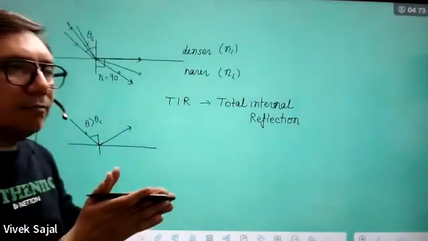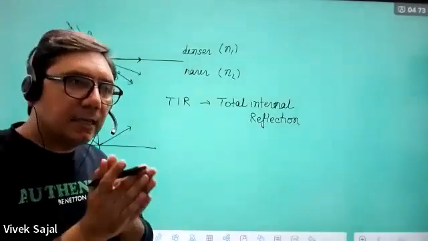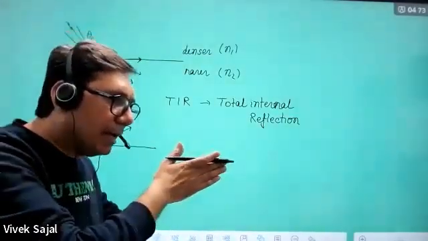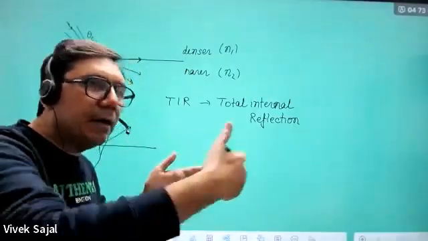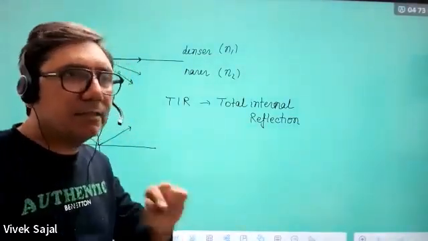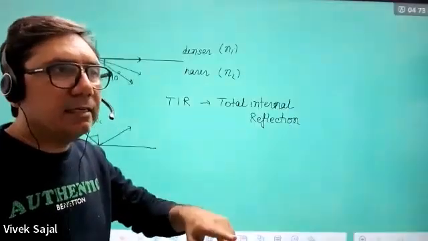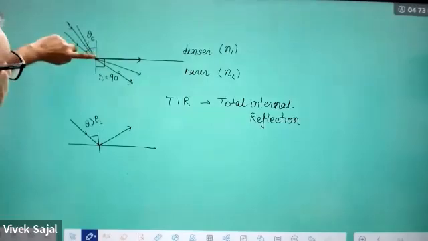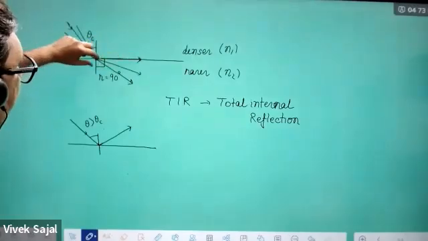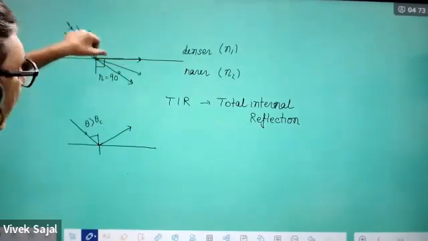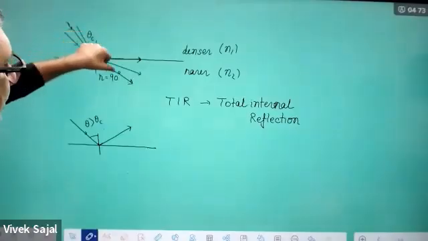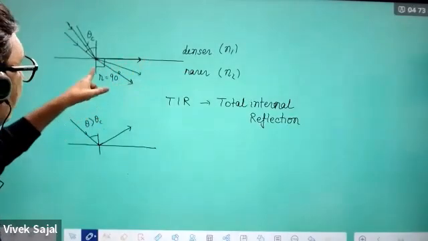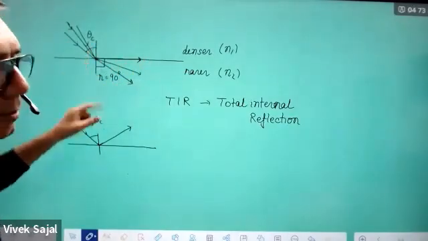In total internal reflection, the first condition is that light should travel from denser to rarer medium so that light can bend away from the normal. Second, when light is incident at an angle theta c, the refracted light will travel at an angle for which r is equal to 90 degrees, making 90 degrees with the normal.